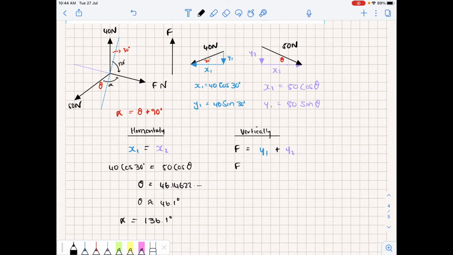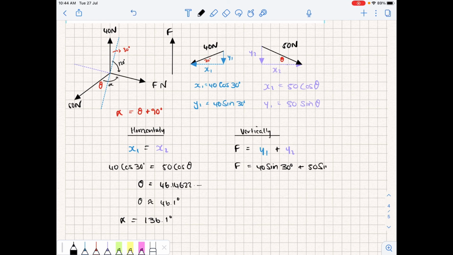Right, force F is what we're trying to solve for. The vertical component of the 40 newtons is 40 sine 30 degrees, and the vertical component of our 50 newtons is 50 sine theta.